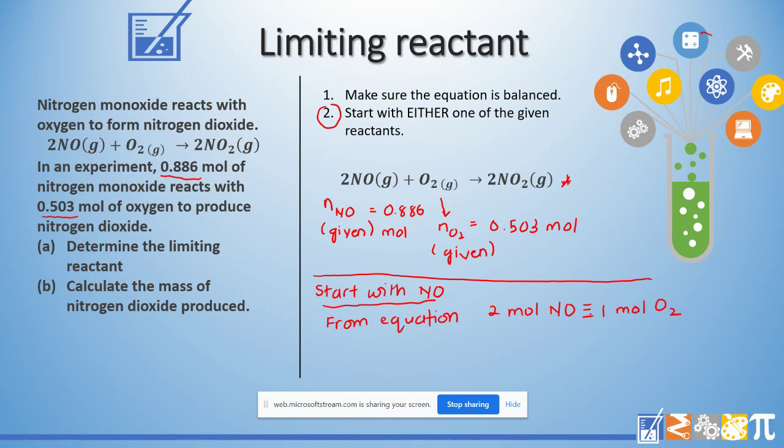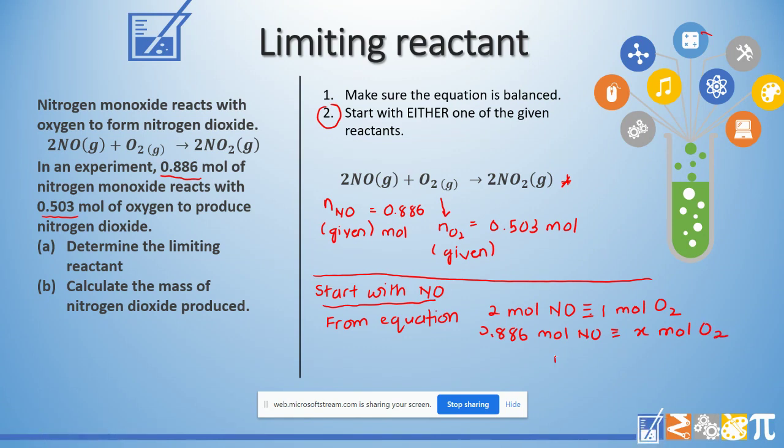But in this case, we only have 0.886 mole of nitrogen monoxide, and therefore we can calculate the number of mole of oxygen needed.